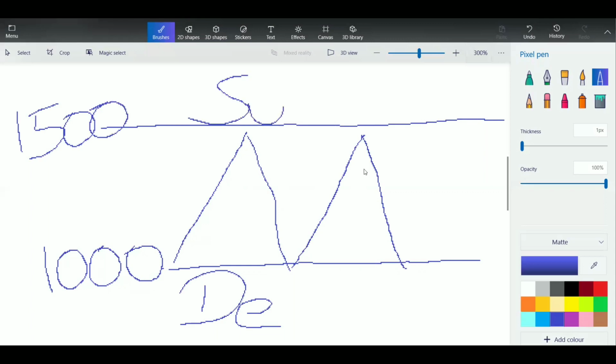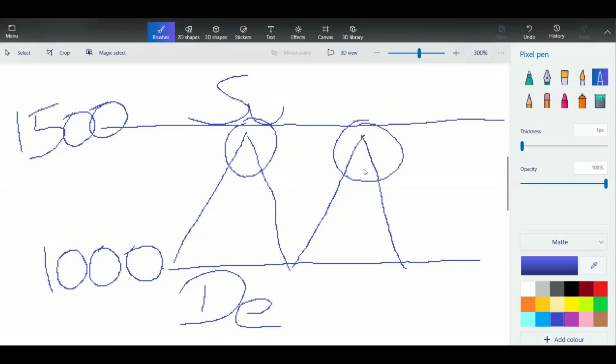Why supply zone? Whenever it reaches this 1,500 level, people who already have stocks start selling. They provide in abundance, so the stocks they are releasing in the market are more than what is required.